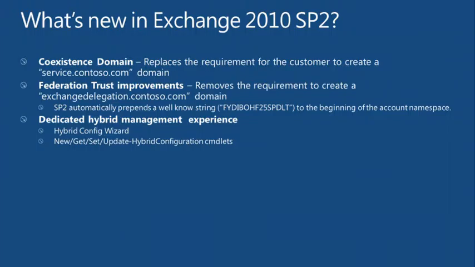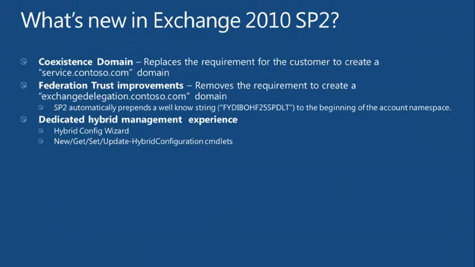It uses some of the same back-end systems as Office 365, and so there's this requirement that you had to use a namespace for the Federation Trust that was different to any domain that you might register with Office 365. And again, it was a confusing requirement that a lot of customers were getting wrong.